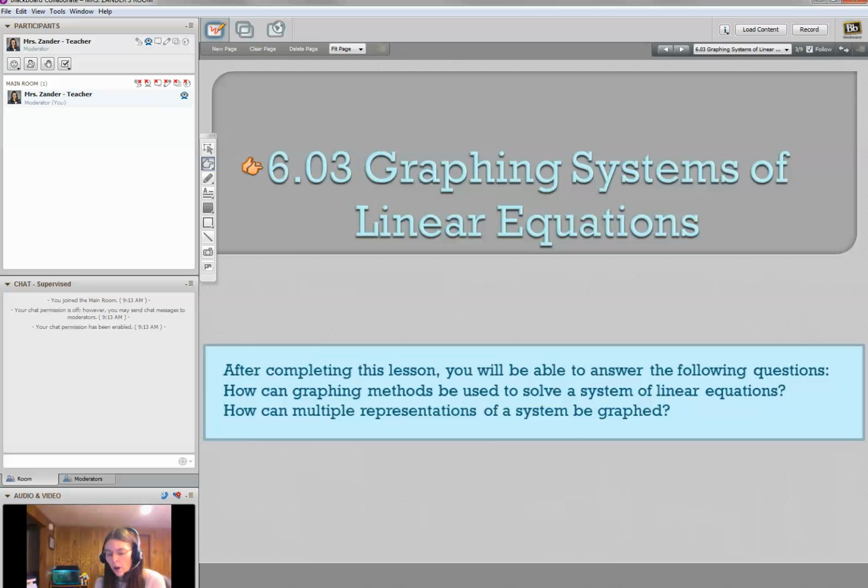We talked about how to solve a system of linear equations algebraically by using substitution and the elimination method. And then we talked about some nonlinear equations and how to find their solutions. Today we're going to go back to graphing systems of linear equations and talk about that.